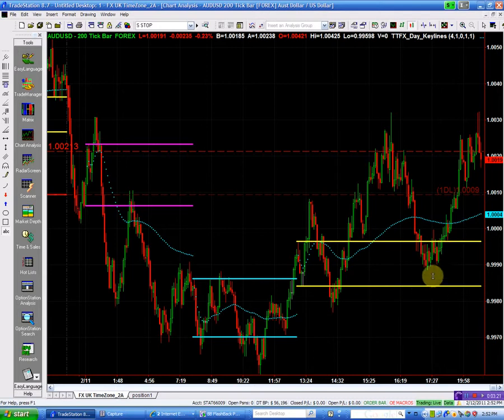So we are going to sell it, we're going to short below 99.85. That's our short point, so that we can resume the trend change to the downside.